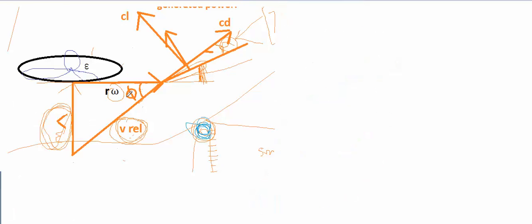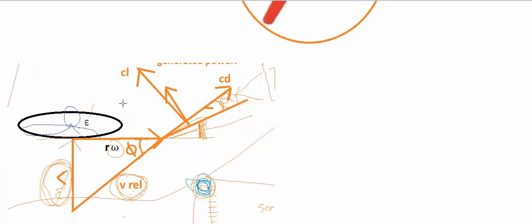So if the radius is changing, naturally this vector is changing. I'll show you properly. This vector, which is the linear velocity of the element, is changing, and for all the elements the linear velocity is different, but the velocity of wind is constant for all the elements.